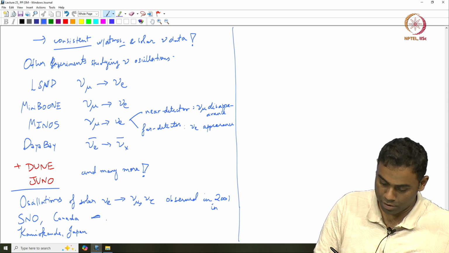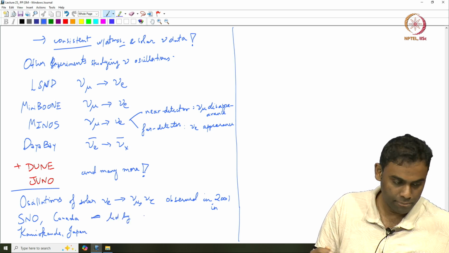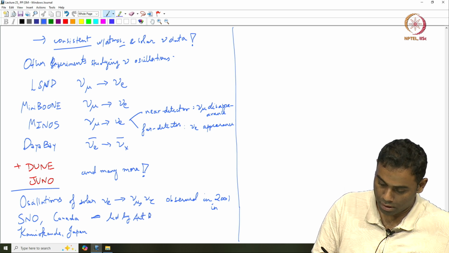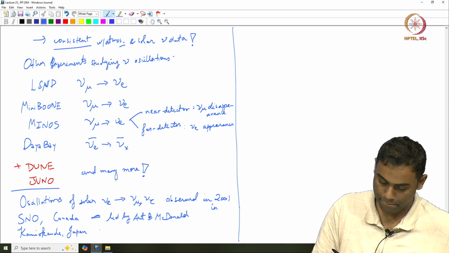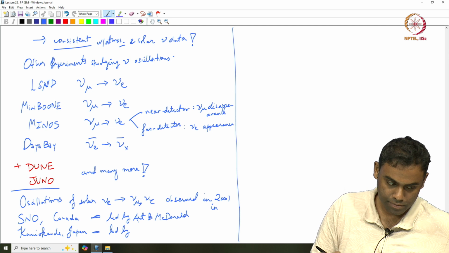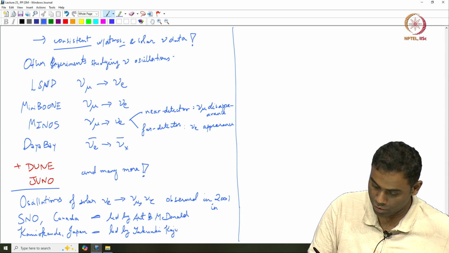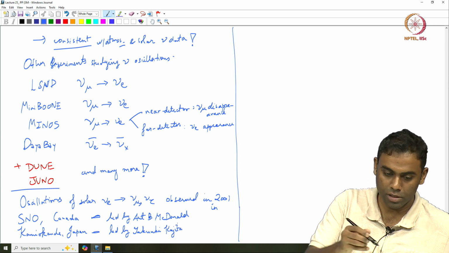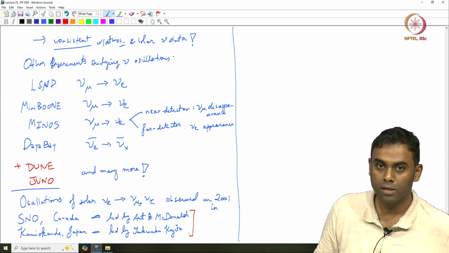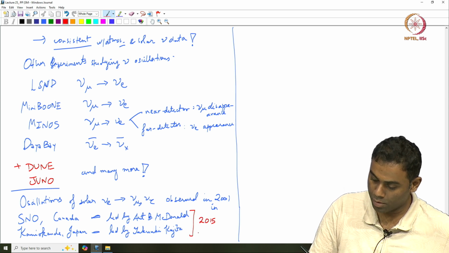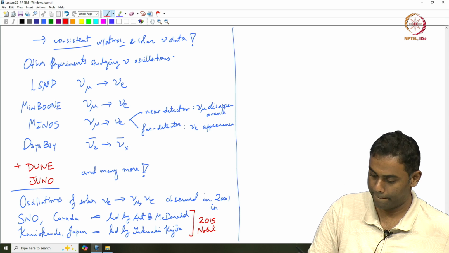The SNO experiment was led by a gentleman called Art McDonald, and the Kamiokande experiment was led by Takaaki Kajita. So, why am I writing these names? Because as recently as 2015, these two people got the Nobel Prize in physics for this.